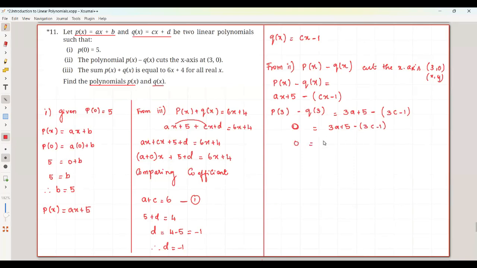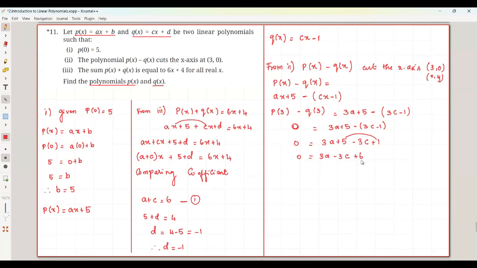0 is equal to 3a plus 5. Just remove the bracket, that means you have to change the sign. So plus into minus, it will become minus 3c. Minus into minus, it will become plus 1. Now we can just add these two. 0 is equal to 3a minus 3c plus 6.